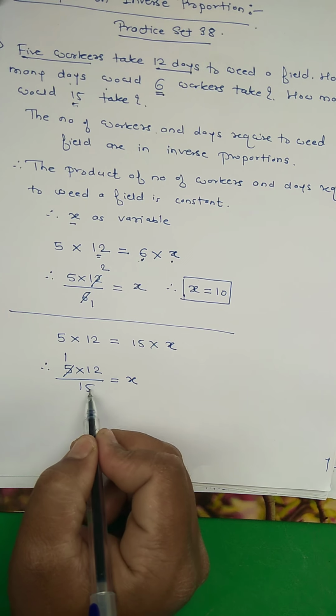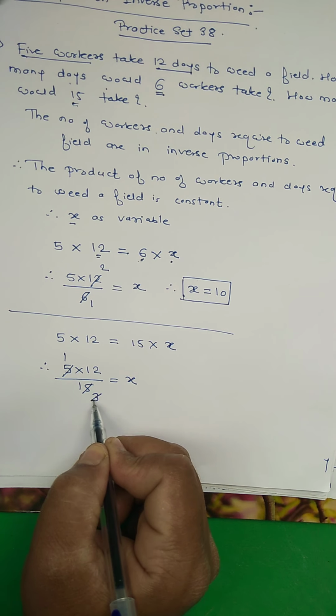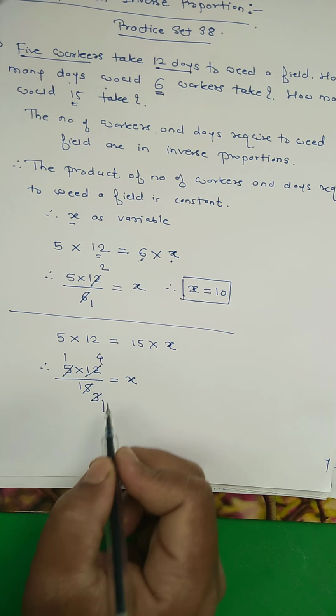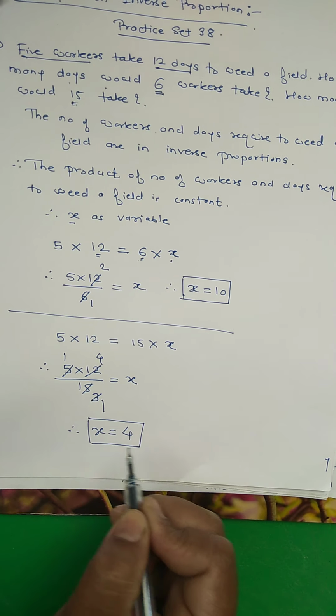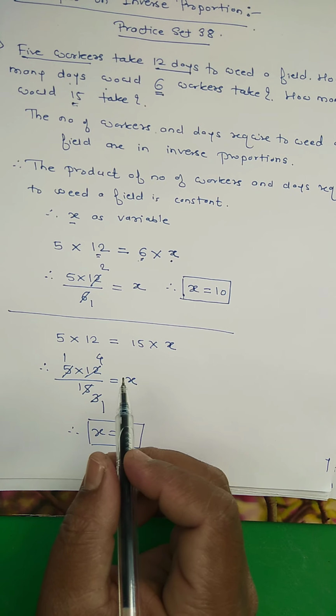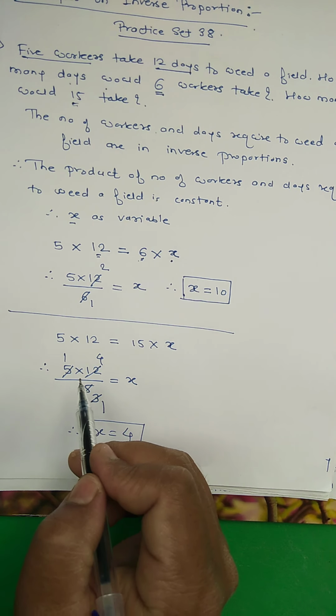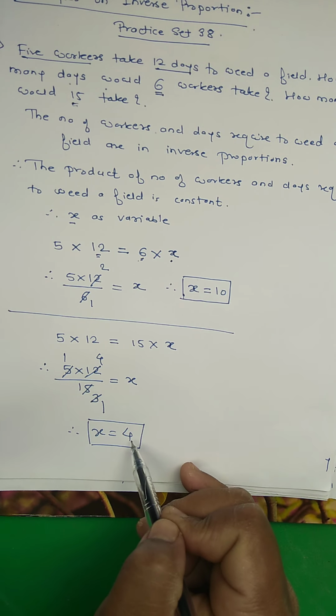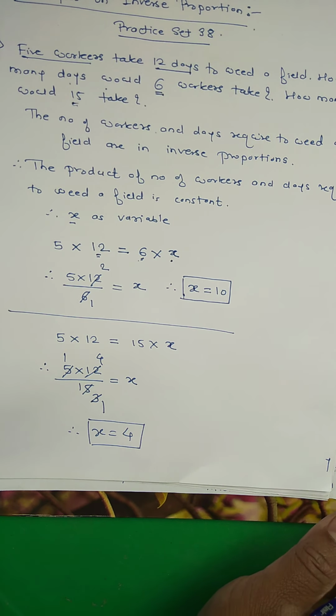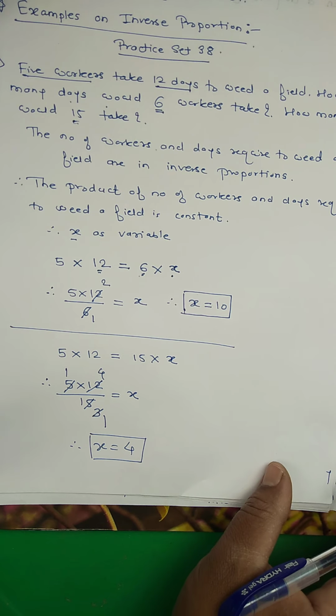So 5 ones are 5, 5 threes are 15, 3 ones are 3, 3 fours are 12, that is x is equal to 4. Now if I increase the number of workers from 6 to 15, you observe the number of days becomes 4, that is, it decreases. So all these quantities are in inverse proportion.